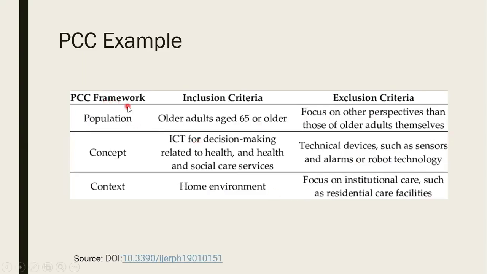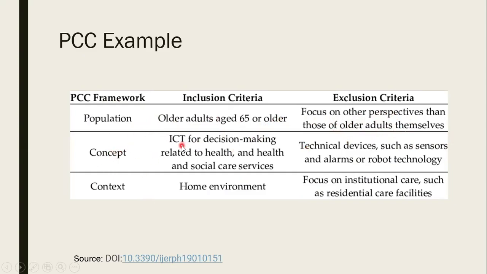The example of PCC framework, population, concept, and context. In population, we can set the inclusion criteria like older adults age 65 or older. The exclusion criteria focus on the perspective other than those of older adults themselves.